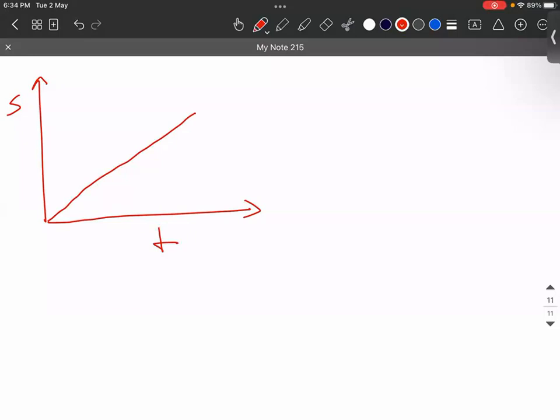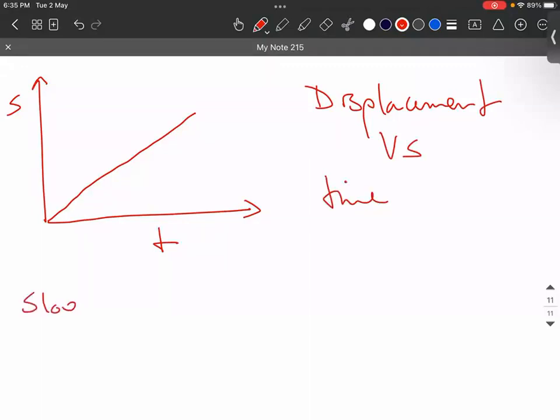So what is my slope here? This is my displacement versus time graph. So what is going to be my slope here? ds by dt.